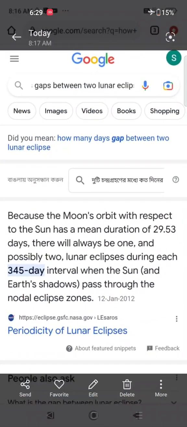due to the Sun going in front, near to the Moon, and the new moon, we are not seeing the new moon lunar eclipse. So I have again searched. It is 345 days between two lunar eclipses. This is the general thumb rule, but there is a case when there can be a lunar eclipse in two consecutive months.